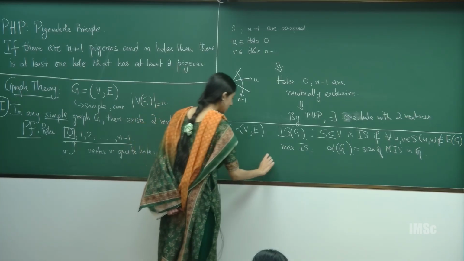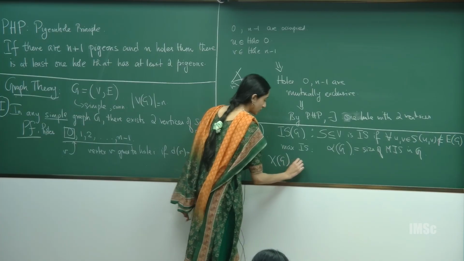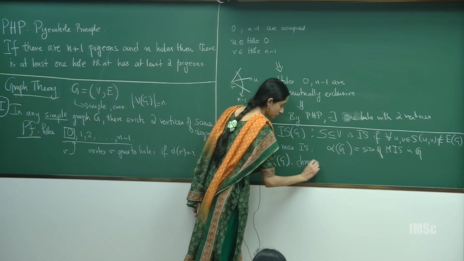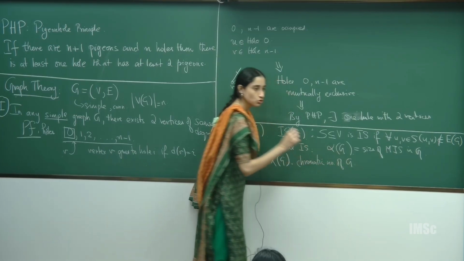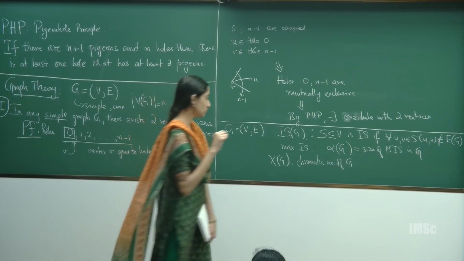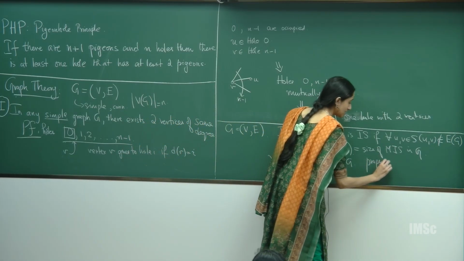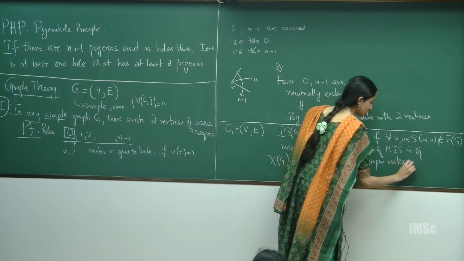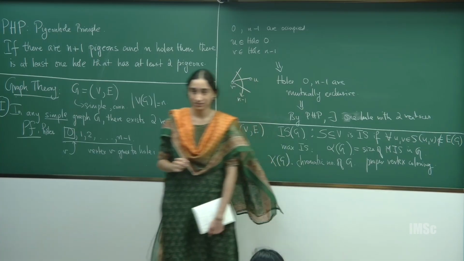So one more quantity is the chromatic number of a graph. So you might have come across colorings in these lectures. I'm sure. Did you come across proper colorings? So let me say proper vertex coloring, because in this lecture we are going to see some edge coloring.